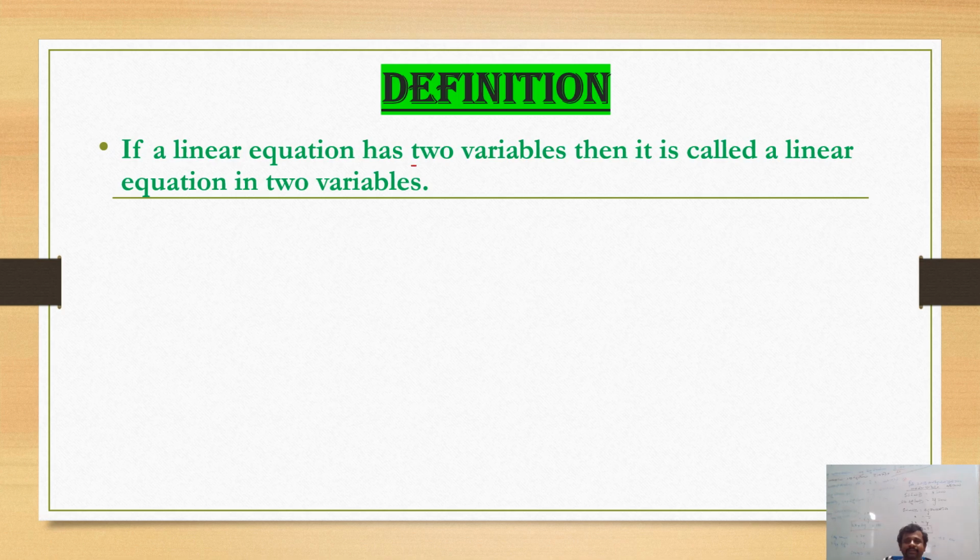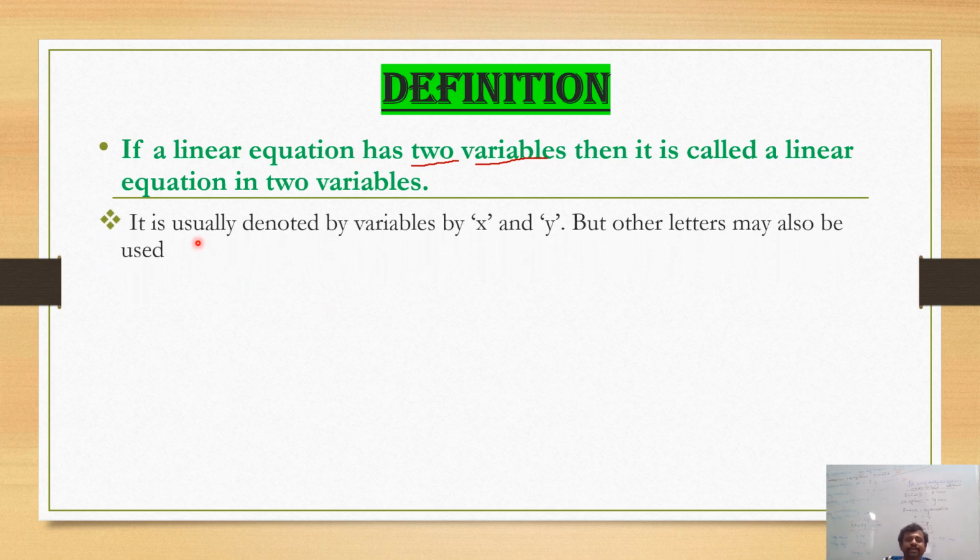If a linear equation has two variables, then it is called a linear equation in two variables. It must be a linear equation, that means with degree 1 and with two variables, then it is known as a linear equation in two variables. It is usually denoted by variables x and y.